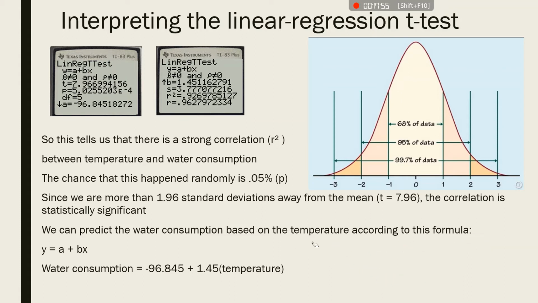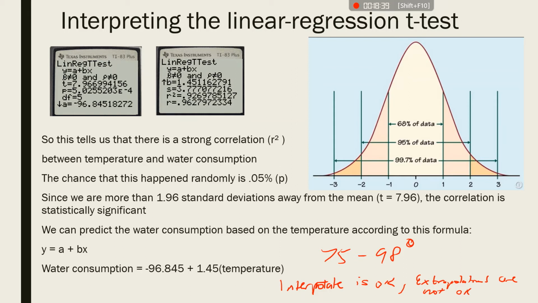So just because our relationship was true from our lowest temperature to our highest temperature, and our lowest water consumption to our highest water consumption, doesn't mean that it's true outside of that range. So there are some limitations to what we can do with this. We can interpolate data, which means guess new values using our equation within that range, but we cannot extrapolate, which means guess outside of that range.